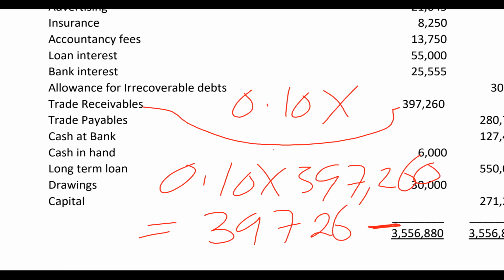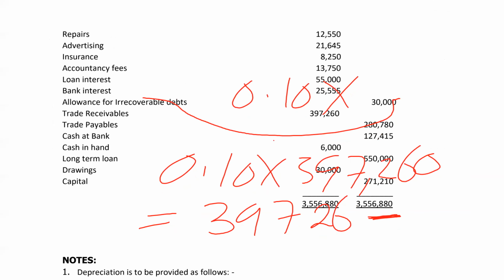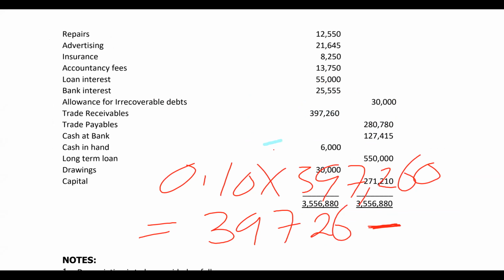There is some allowance for irrecoverable debt in the trial balance. Are you able to see it? It is 30,000, right? Yes. It's here on top. So you should do minus 30,000 like that.